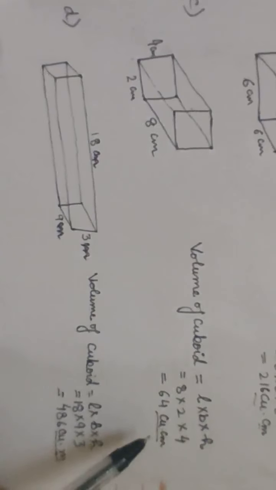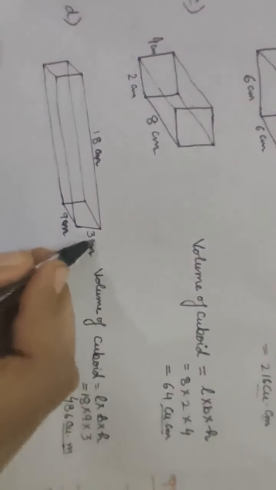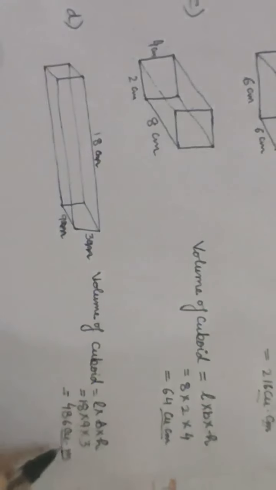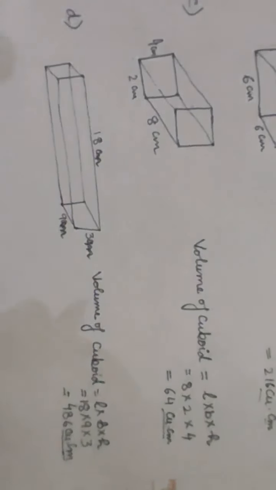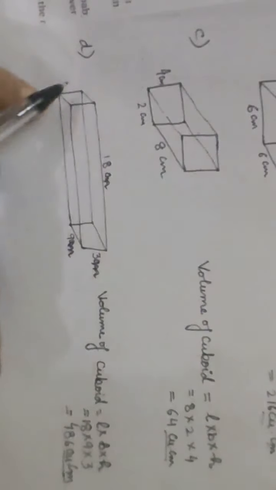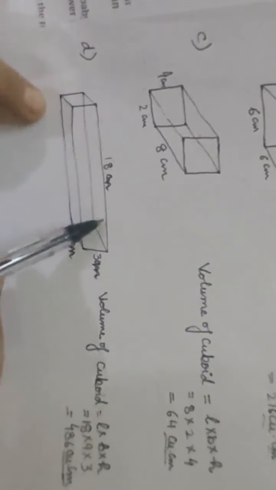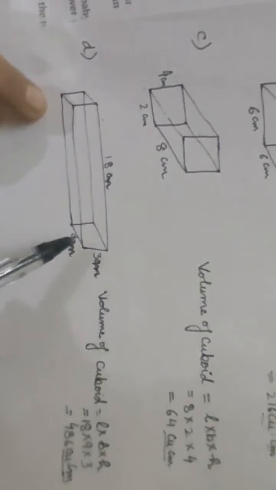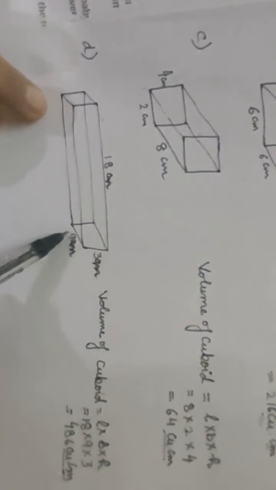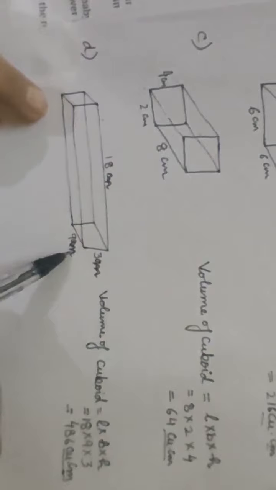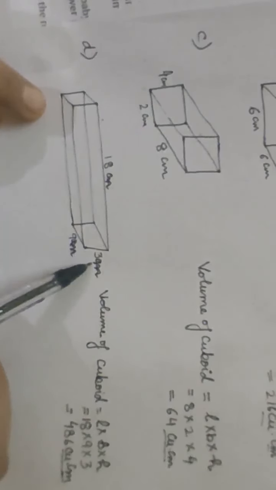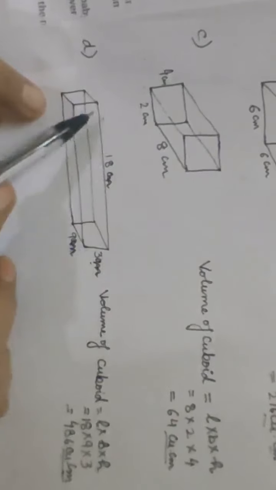Now let's start with D part. What is given here? In D part, the figure is given. The longer side is 18 centimeter, so this will be the length. 9 centimeter is the breadth of this figure and 3 centimeter is the height of the given figure.